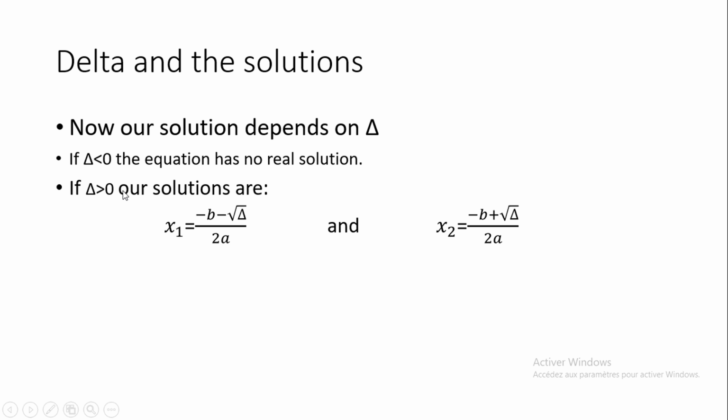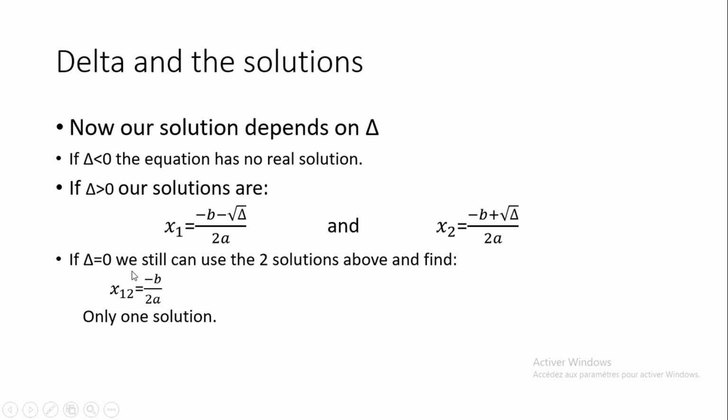If delta is positive, our solutions are x1 equals minus b minus the square root of delta over 2a, and x2 equals minus b plus the square root of delta over 2a.